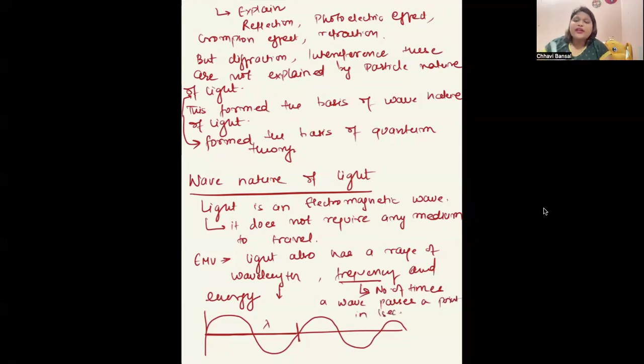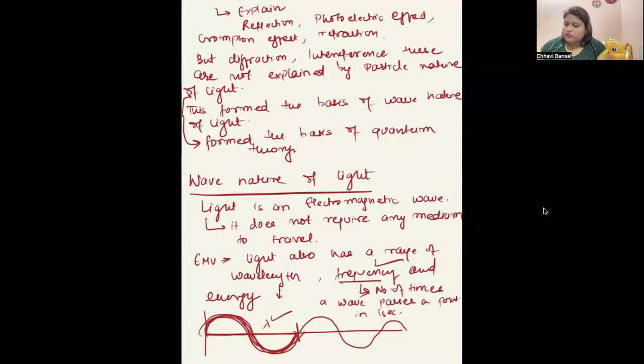How many times has the wave passed the same point? 1 time, 2 times, 3 times, 4 times, 5 times. Whatever the number is, how frequently the wave passes through one single point in 1 second is called frequency. Okay. And each wave has a particular energy associated with its wavelength and its frequency.